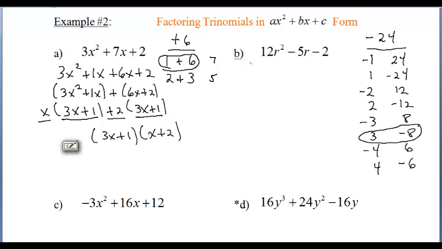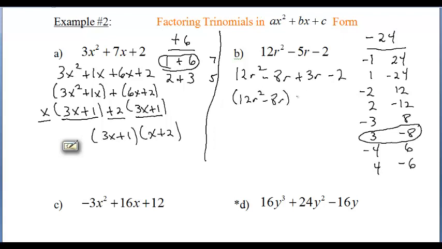So I rewrite my middle term. So I have 12r squared minus 8r plus 3r minus 2. Next, I factor by grouping. So I group 12r squared minus 8r, and I group the 3r and the minus 2 together.